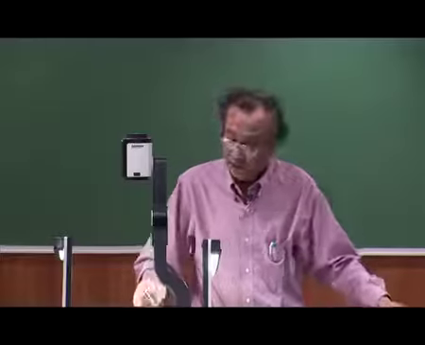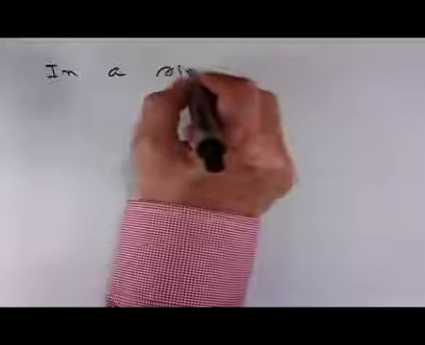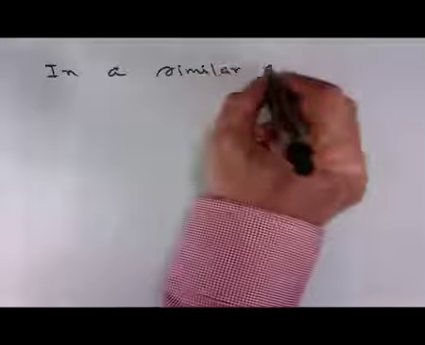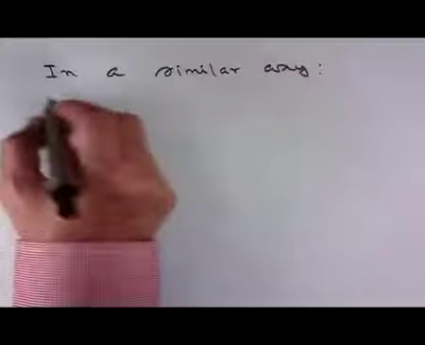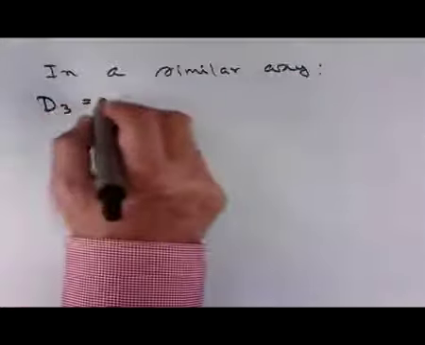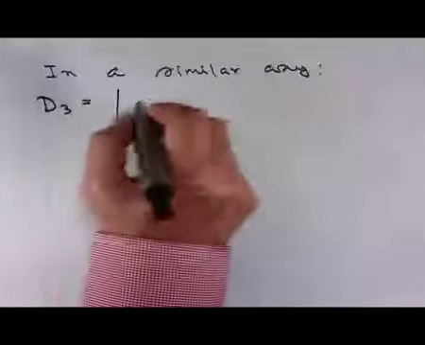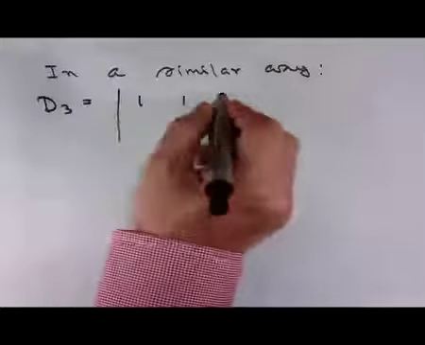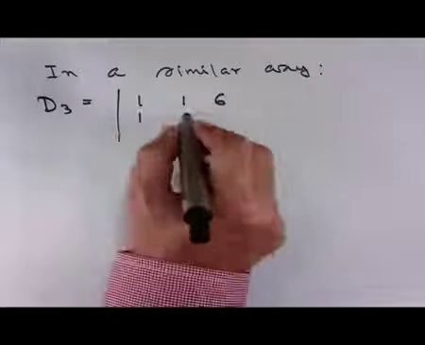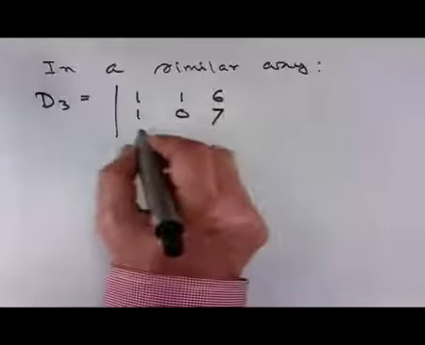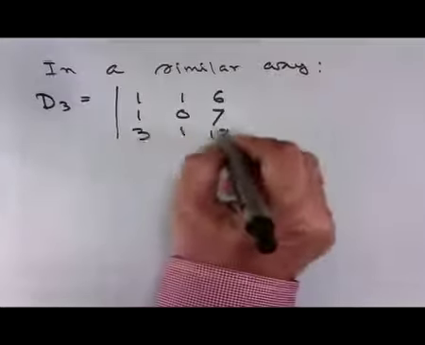In a similar way, D3 is equal to determinant of 1, 1, 6, 1, 0, 7, 3, 1, 12.